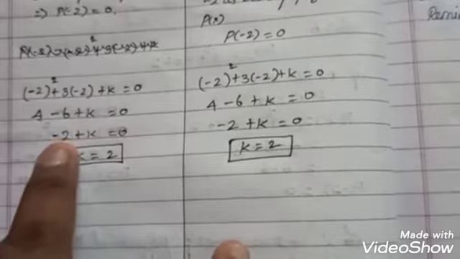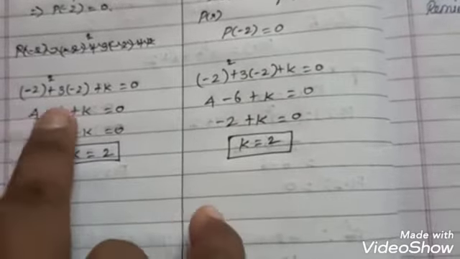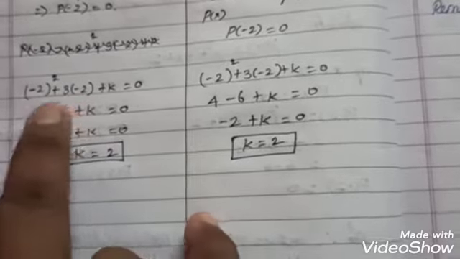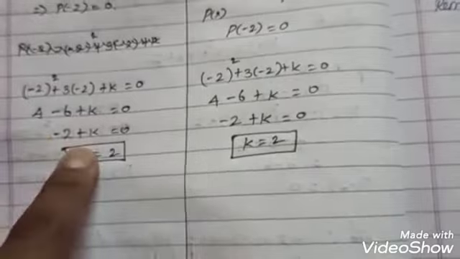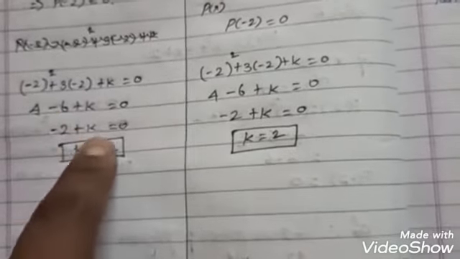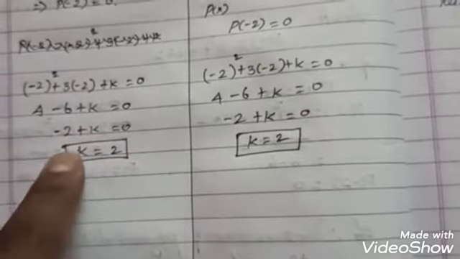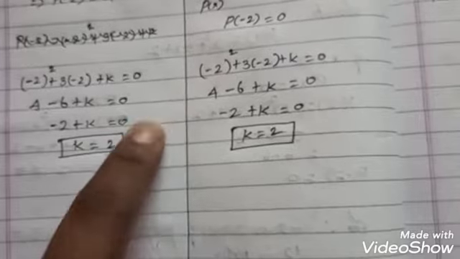Minus 2 plus k. How did it become minus 2? Plus 4 minus 6. It should be in integers. With different signs you need to subtract. 6 minus 4 you get 2. Here 6 is the larger number, so you put minus. Minus 2 plus k equals 0. So k equals plus 2. This minus 2 moves to the right hand side as plus 2.